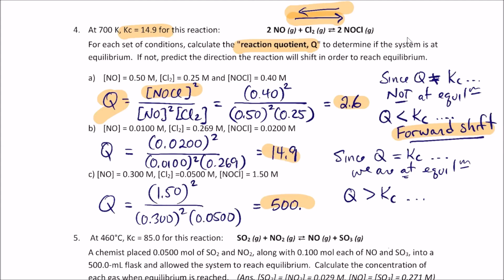And you need a bigger denominator, so you need more NO and more Cl2. Those are on the left side of the equation. So I need more of the stuff on the left, and less of the stuff on the right. Then that's not a forward reaction, that's the reverse reaction. So when Q is bigger than Kc, we get a reverse shift.